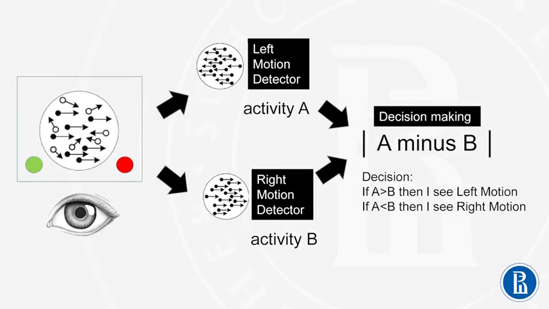And next, there are decision-making neurons, a network of neurons that simply compare the activity of the left motion detectors and right motion detectors.